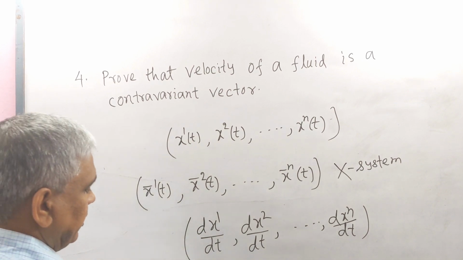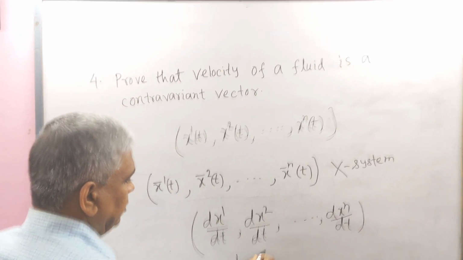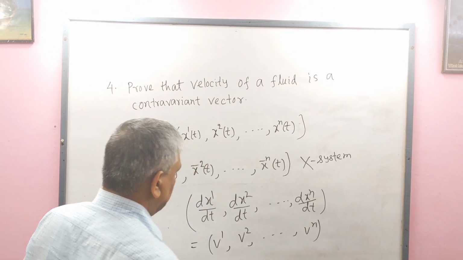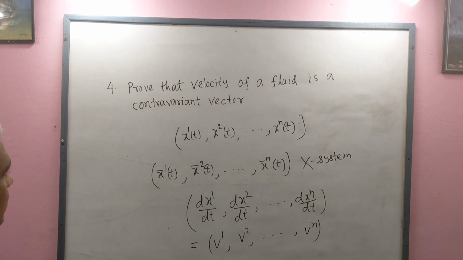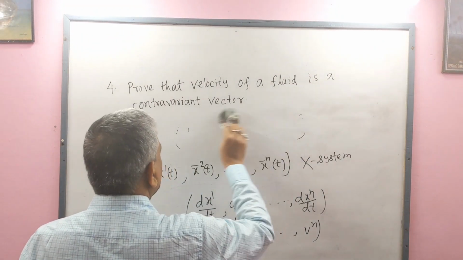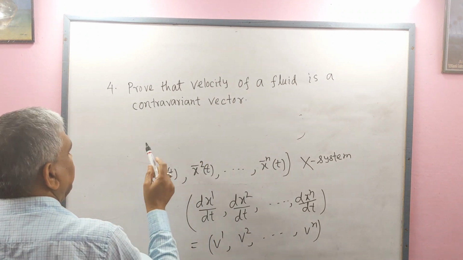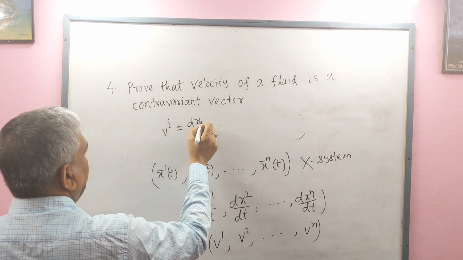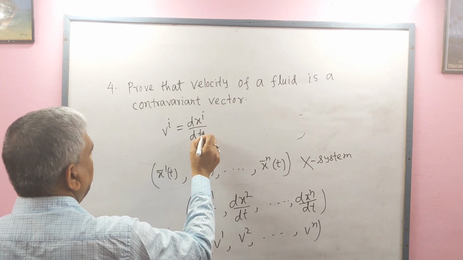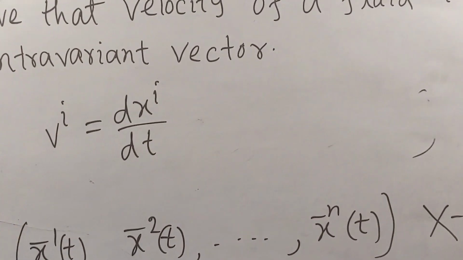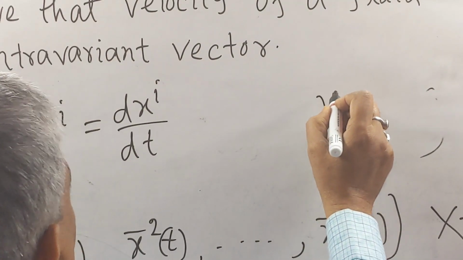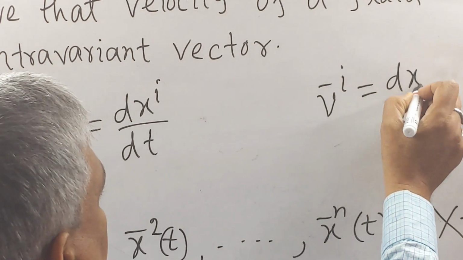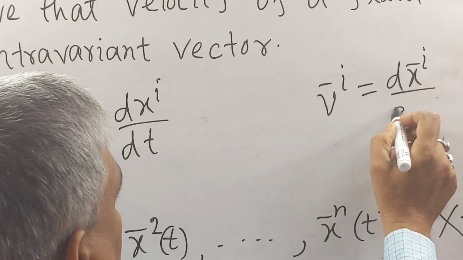This velocity may be written as v1, v2, vn. So, in x system of coordinates, the velocity may be written in generalized form as v i equal to dx i by dt, and in x bar system of coordinates v bar i equal to dx bar i by dt.